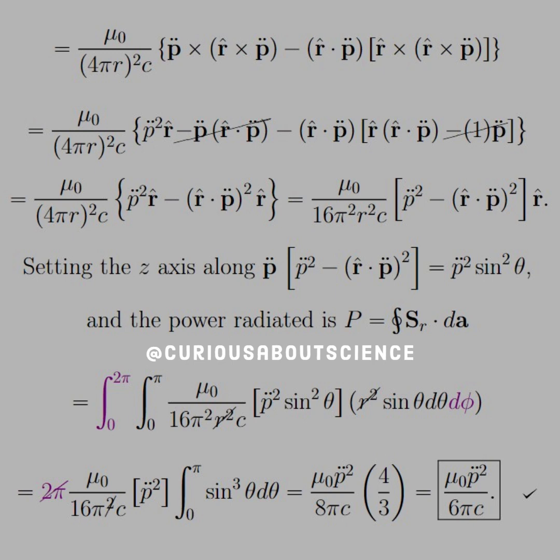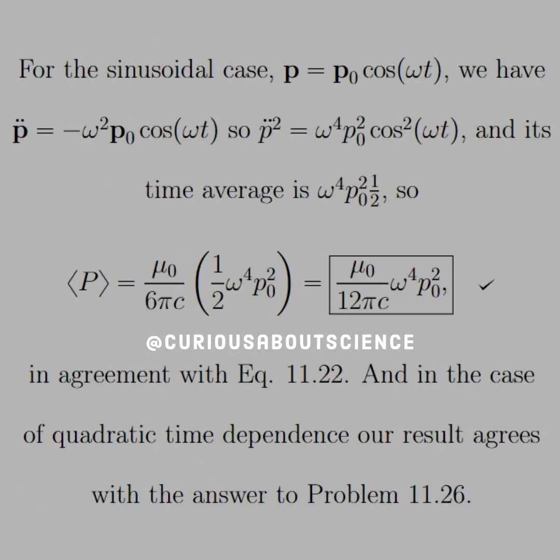And then sure enough, we get mu naught p double dot squared over 8 pi c times 4 thirds. So that 4 reduces that 8 to a 2, but then we have to multiply by 3, so that's where we get the 6 in the next step. And indeed, we have mu naught p double dot squared over 6 pi c, as expected. Cool. So for the sinusoidal case, we have p is equal to p naught cosine omega t.